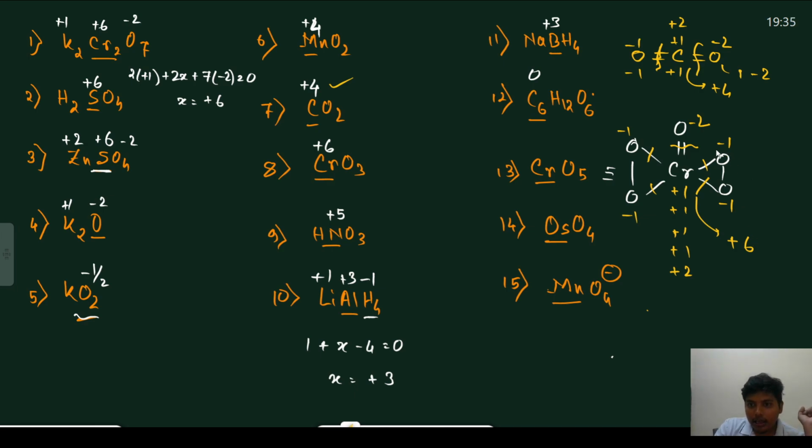Now you can see here, two peroxide bonds are there. In case of peroxide, oxygen oxidation state is -1, but normally the oxidation state is -2. So sometimes you need to know the structure of the compound. Other times you can make the formula and you will get it.